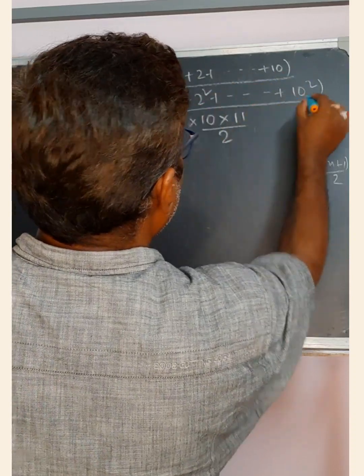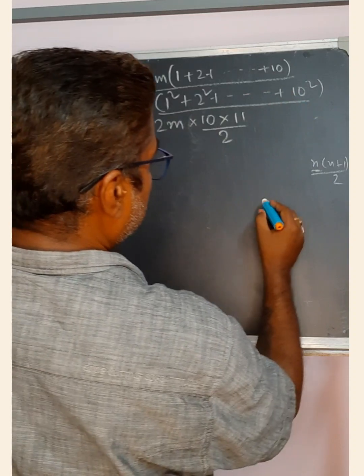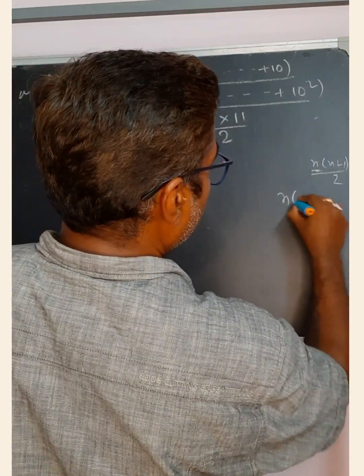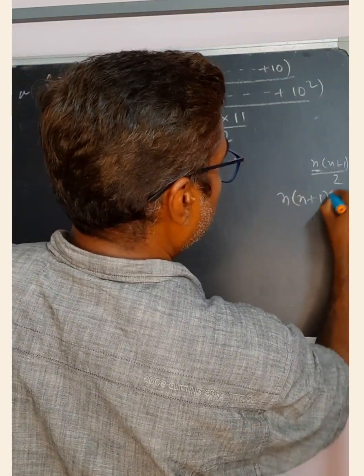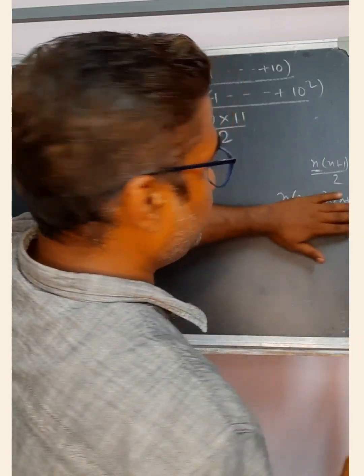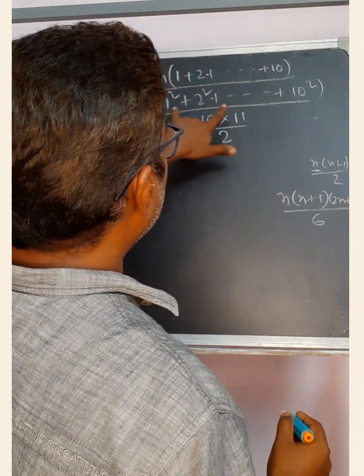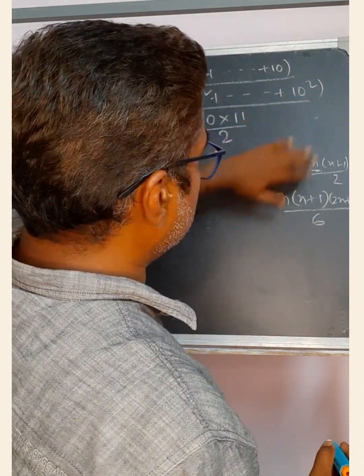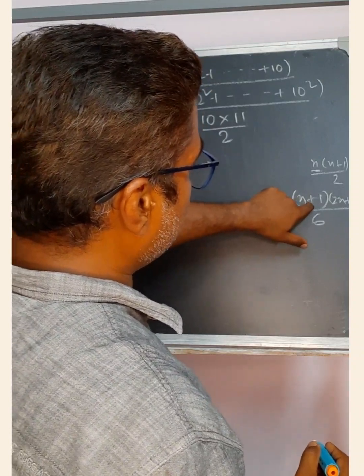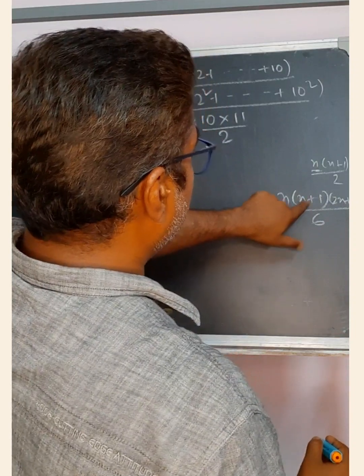Now the remaining one. This is also a series, of squares of natural numbers. This is equal to n into n plus 1 into 2n plus 1 by 6. That I can derive, I will show you in another video. But as of now, remember any natural square series sum is equal to n into n plus 1 into 2n plus 1 by 6, where n is the number of terms.